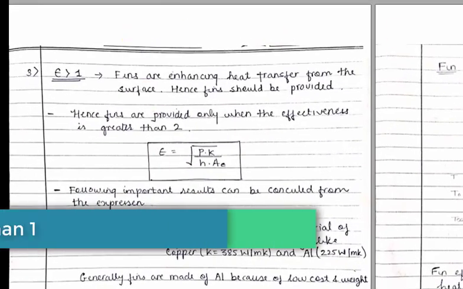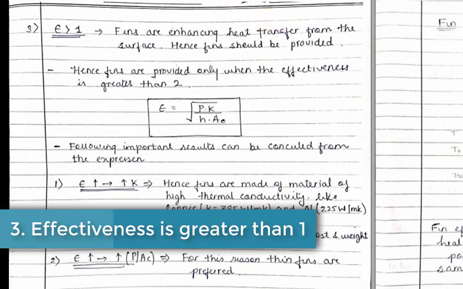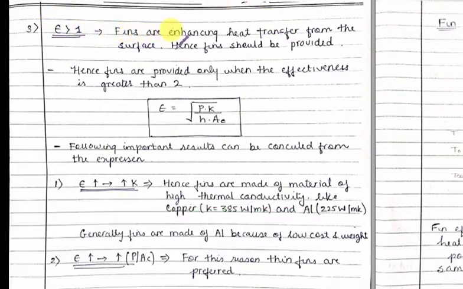When effectiveness is greater than 1, what will happen? When effectiveness is greater than 1, fins are enhancing the heat transfer from the surface. Hence, fins should be provided. So the use of fins is only justified when your effectiveness value is greater than 1.